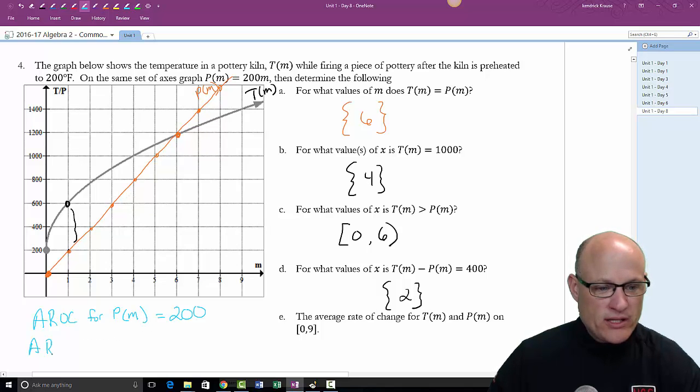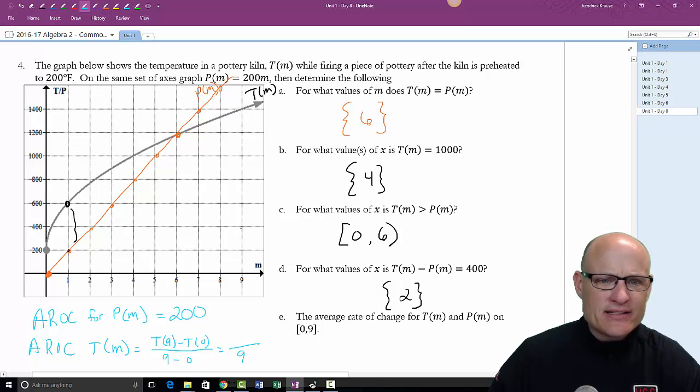So the average rate of change for T of m is going to be T of 9 minus T of 0 all over 9 minus 0. Well, the denominator is just 9. That's easy. But T of 9 is right here.